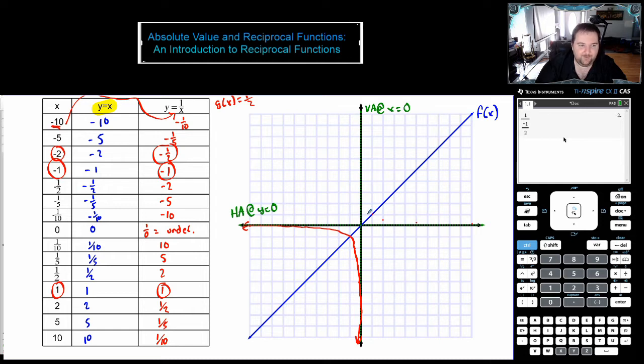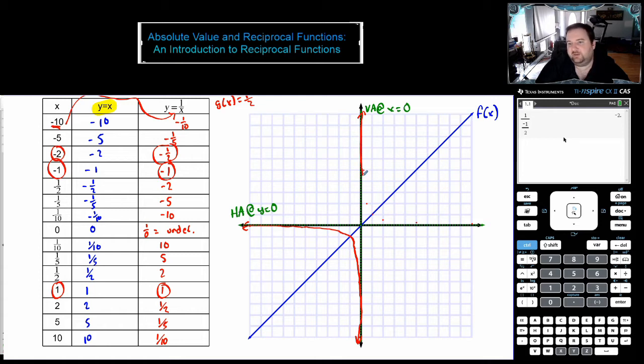We have positive 1/2 and 2. We have positive 1/5 and 5, and positive 1/10 and 10. So again, same thing's kind of happening here. It's going to get close to the asymptote, but it's never going to touch it.